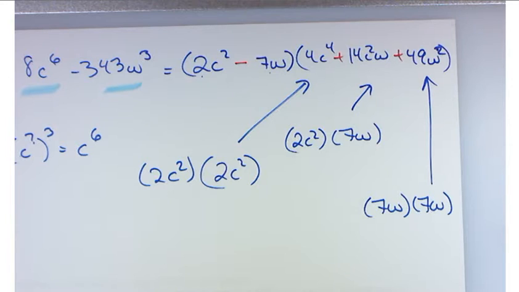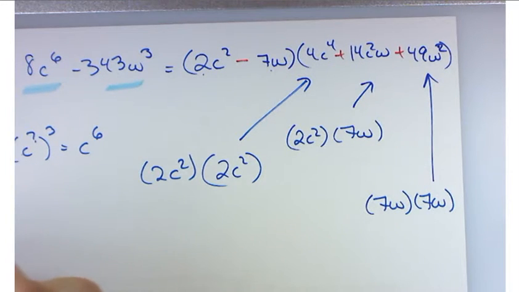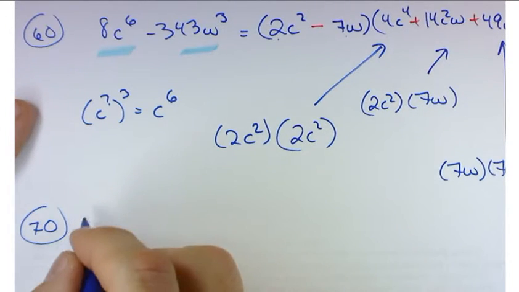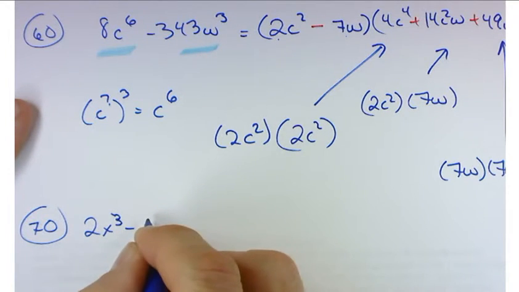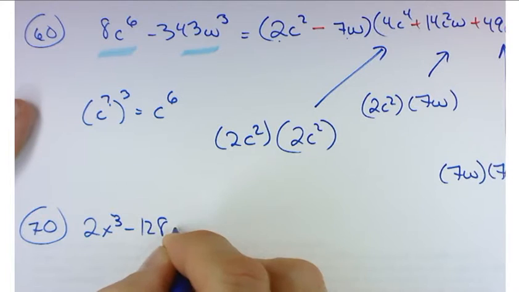All right, that one was kind of challenging. Let me give you one a little bit more relaxed, a little bit easier to work with, and that would be problem 70. 2x cubed minus 128.